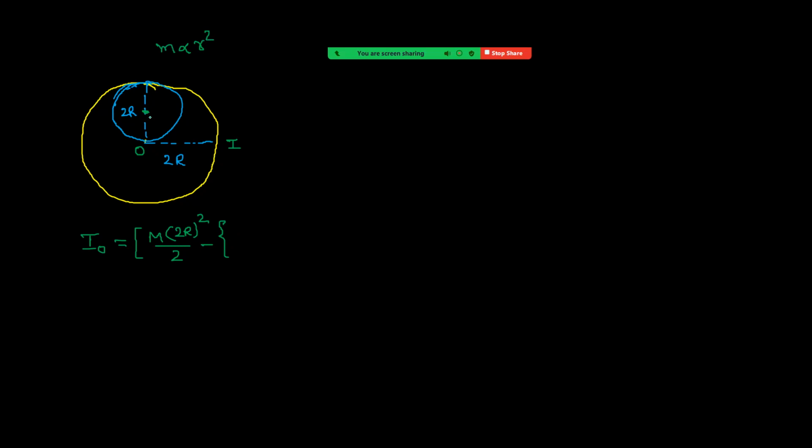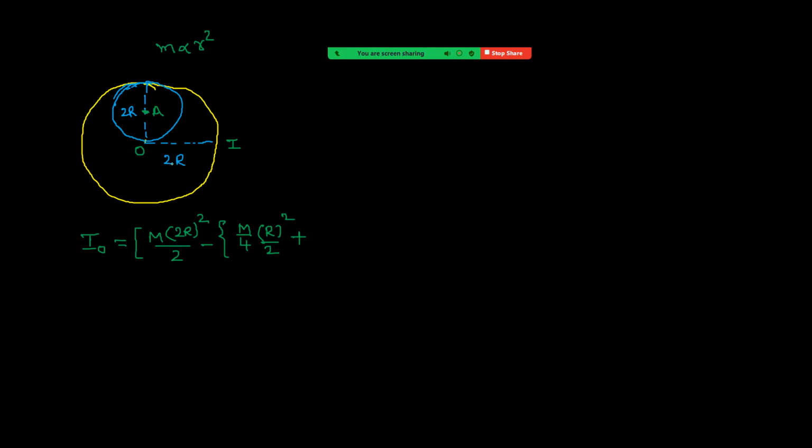Now R is a half, so mass will be 1 by 4, right? So it is M by 4, M R square by 2. Okay, this is about its own axis. Let me call it as A. About own axis A, it is M R square by 2.